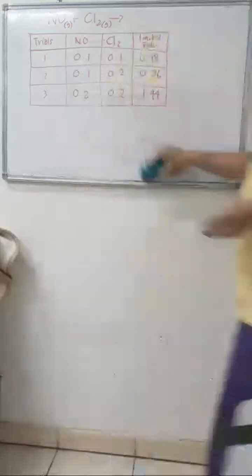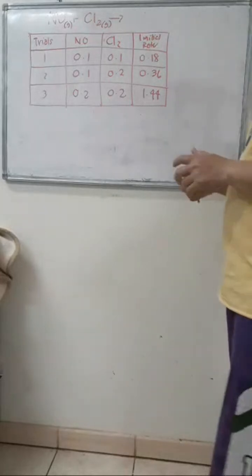Then most of the reactions have only two reactants, right? So we normally express our rate law in the topic of initial rate method like this.